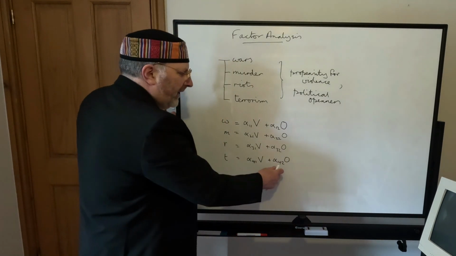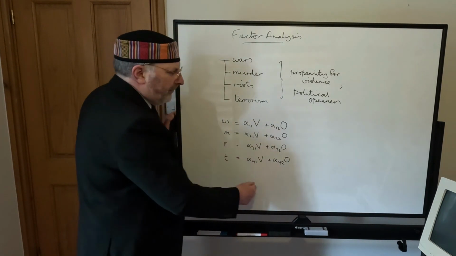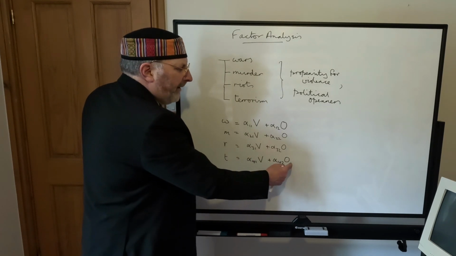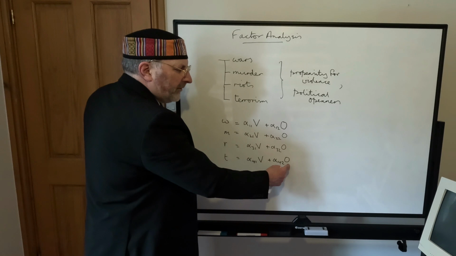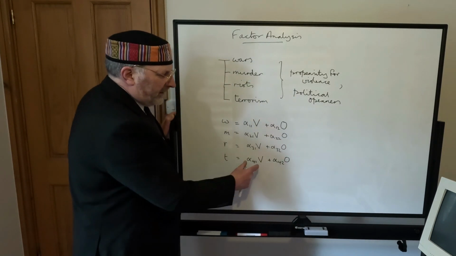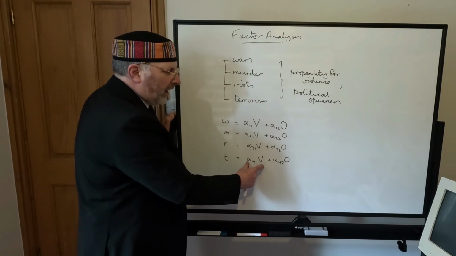And we might find, for example, that for terrorism, this coefficient is quite large. In other words, the incidence of terrorism depends quite a lot on the political openness, but it's less affected by this violence factor.